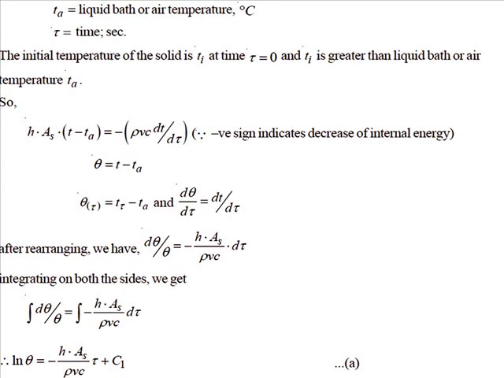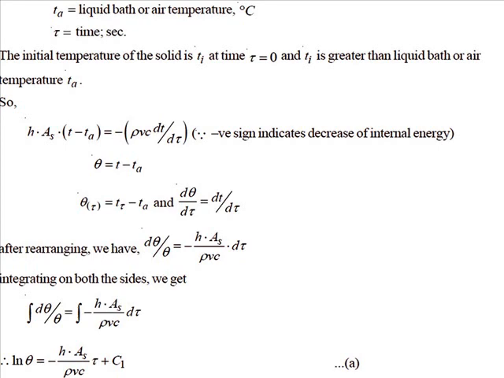If we rearrange that equation, we can say that d theta by theta is equal to minus h As divided by rho V c into d tau. Now if we integrate this equation on both sides, we get the integration of d theta by theta equal to the integration of minus h As divided by rho V c into d tau.